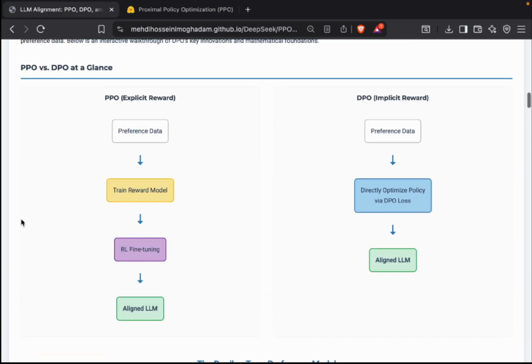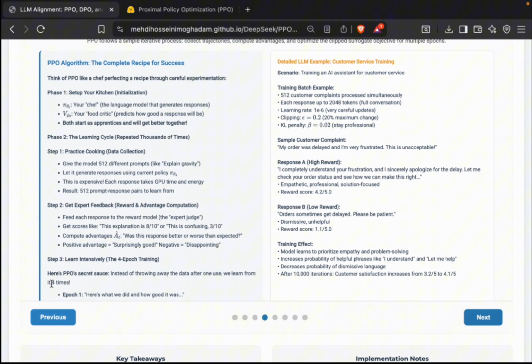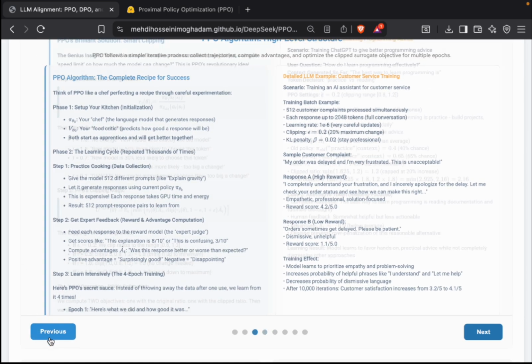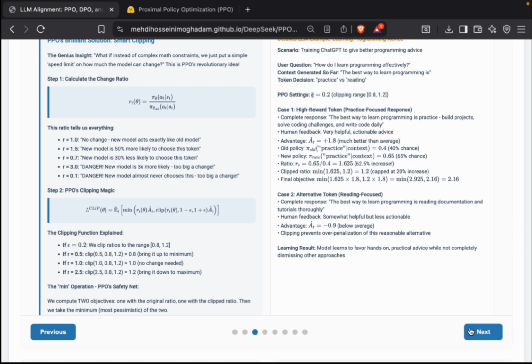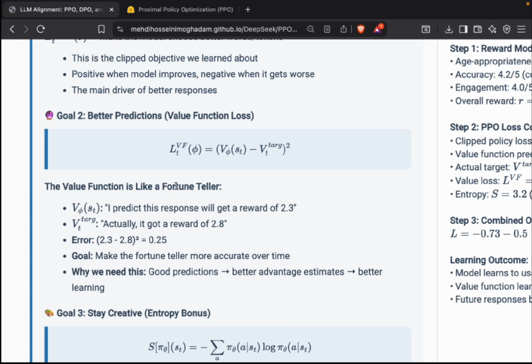So I think I'd better explain this value function here. So remember when I said about this value function, it was right here. So the value function is like a fortune teller. So what that means and how we can make that value function, because imagine that we're trying to generate the next token.